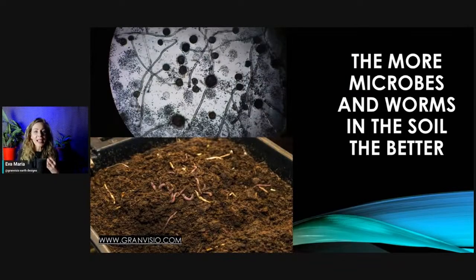Insects like ants and termites, as well as worms, also play a big role in shaping the soil. So the more vegetation, organic matter, insects, and microorganisms, the better.